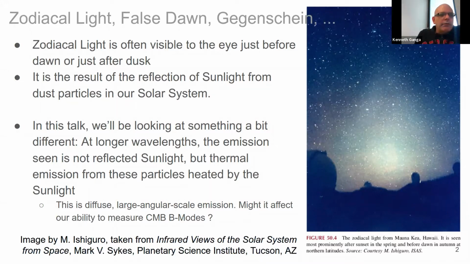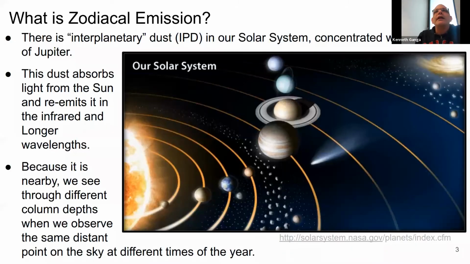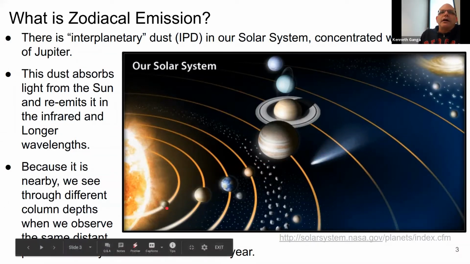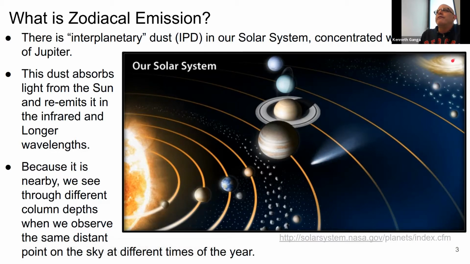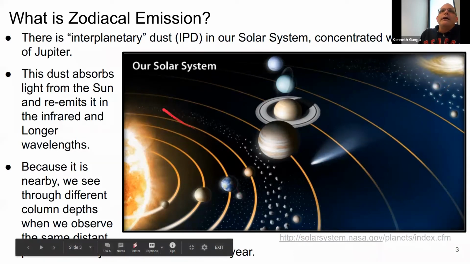Okay, so let me see. I'm spending too much time on that slide. Just to recap, this is a picture of our solar system. Here's the sun, Mercury, Venus, Earth, etc. Outside here, you have the Kuiper Belt and maybe even other galaxies. In between Mars and Jupiter, you've got the asteroid belt.